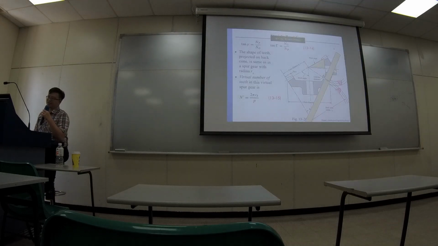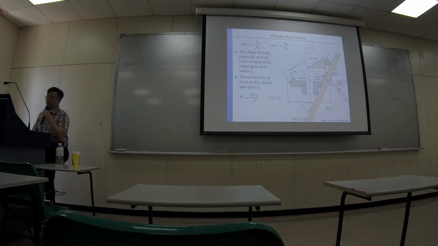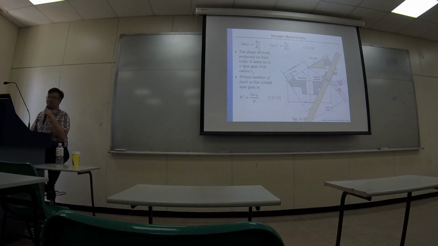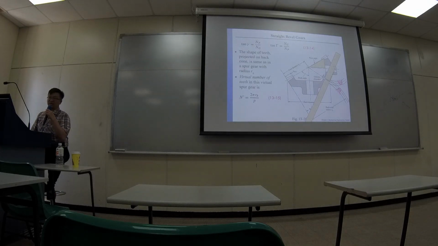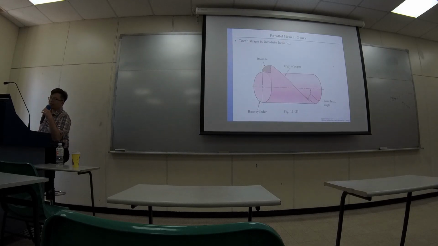Anyway, there are some tangent calculations to compute the ratio between number of teeth. P represents the pinion, G represents the gear. So the bigger one is the gear, the smaller one, again, is the pinion. Anyway, let me continue.